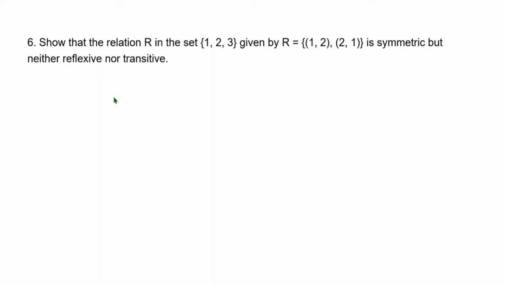If a relation has to be reflexive, then it should have (1, 1), (2, 2), (3, 3), all these in R. All these elements are not there in R. So (1, 1) does not belong to R. Therefore, R is not reflexive.